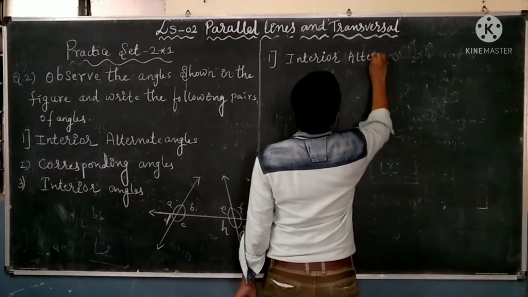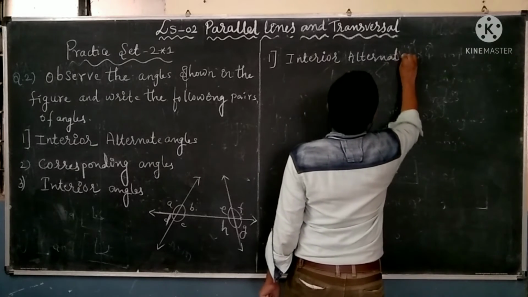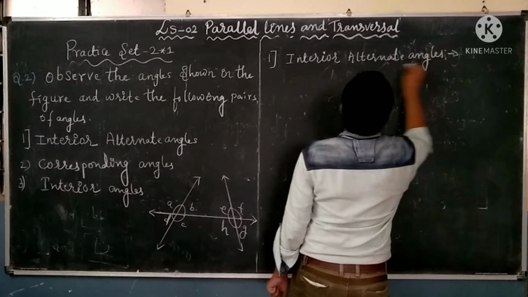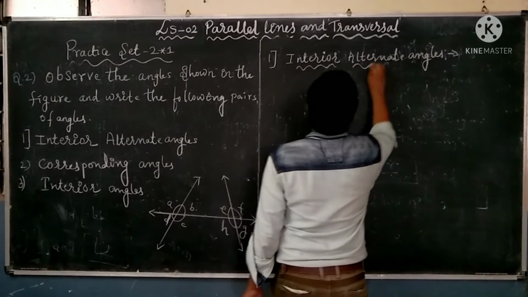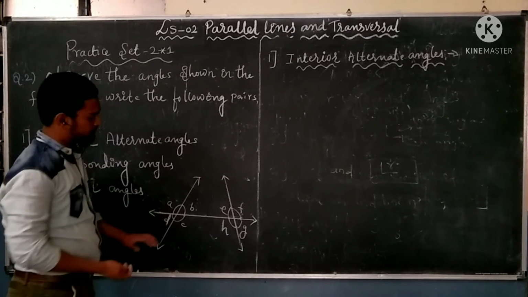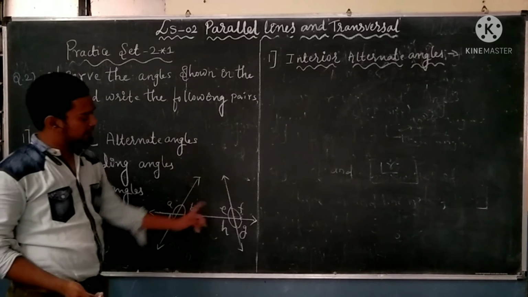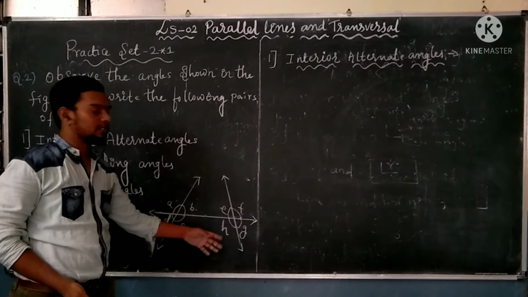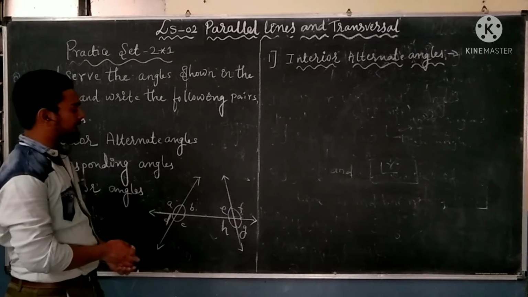Interior alternate angles. Interior means the interior angles: angle B, angle E, angle C and angle H. These are interior angles.